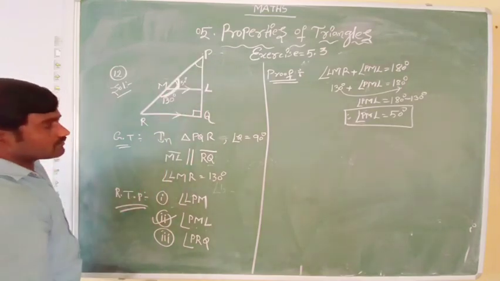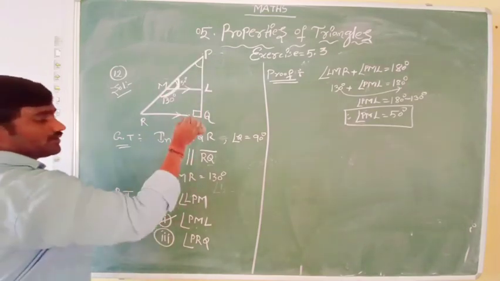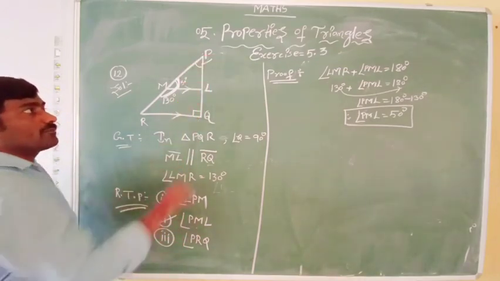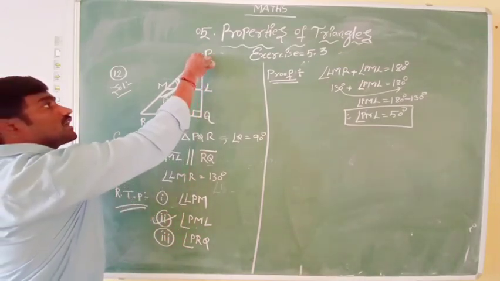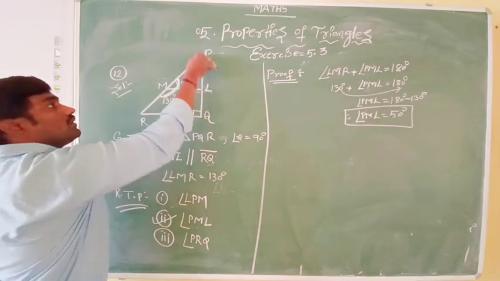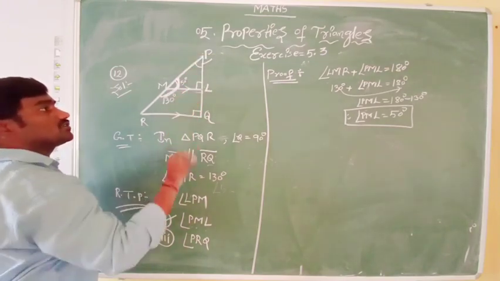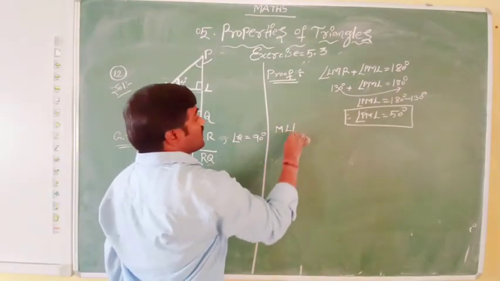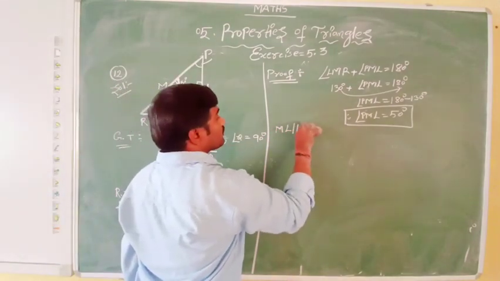So next, what do we need to find out here? See, this angle P we need to find out. To find angle P in the triangle PML, we require this angle also. See, here ML is parallel to RQ.